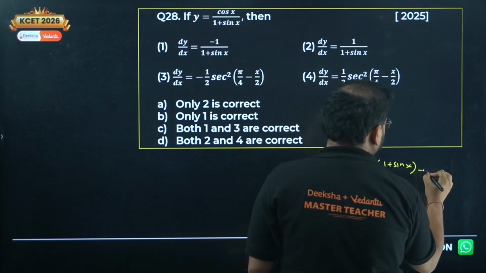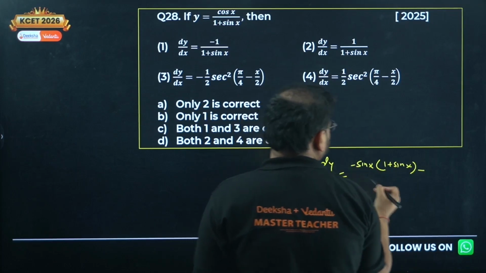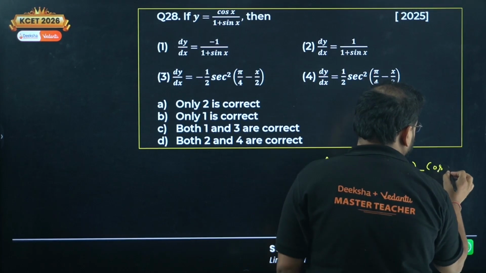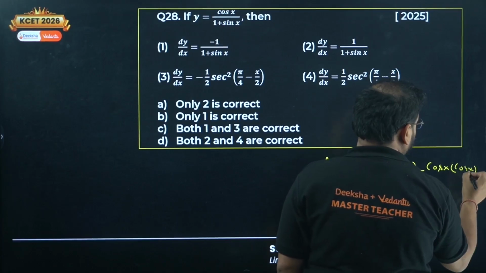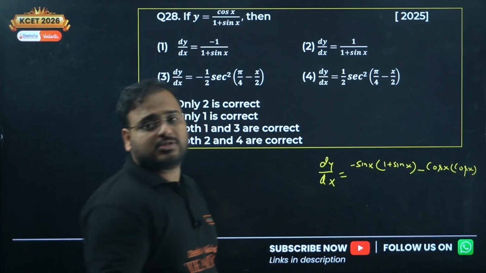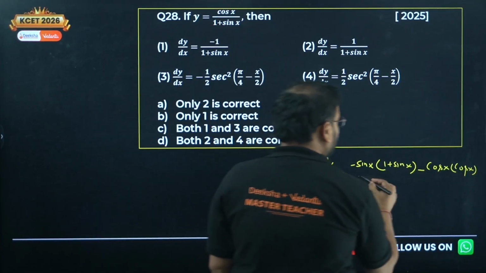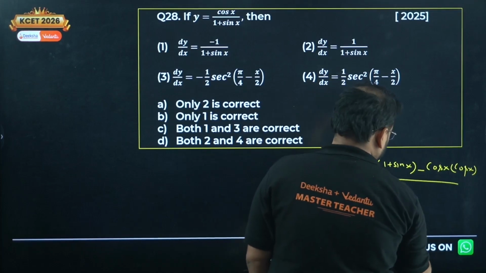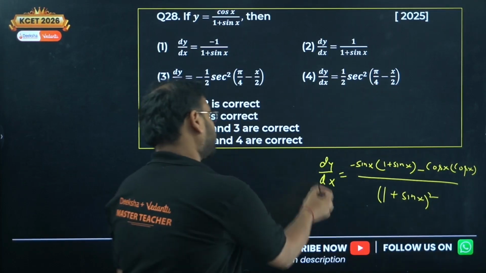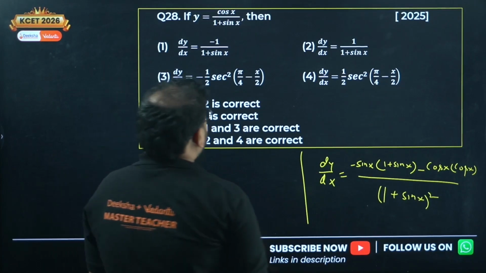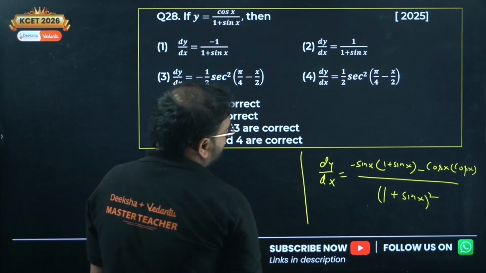Then comes a minus sign. At this time differentiate 1 plus sine. So keep cos x as it is. 1 plus sine will give me only cos, because 1 will be 0 and sine will be cos. So only cos is there in the derivative of 1 plus sine. And we have denominator as 1 plus sine x the whole square. Simplify now. So you have this value as, what is there?